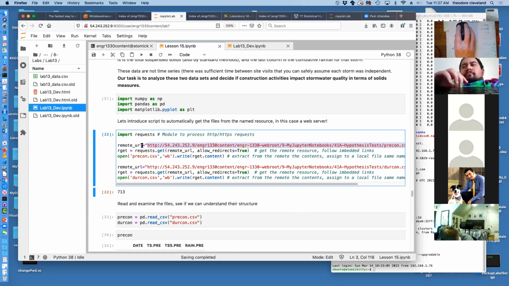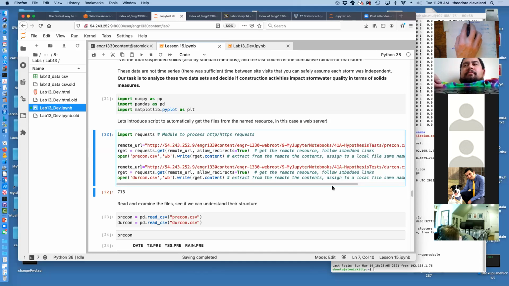So we set up the remote URL, and then I'm going to create an object called rget. I'm going to use the requests module, and I'm going to get from the remote URL. I'm going to allow it to redirect so that it can follow any links on the remote server. And from the rget object, I'm going to grab the content and write that to a file called precon.csv and store that locally.